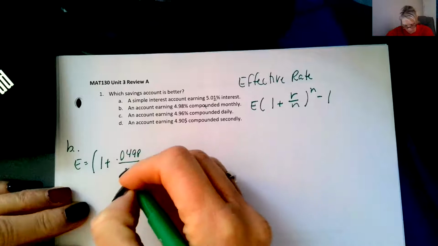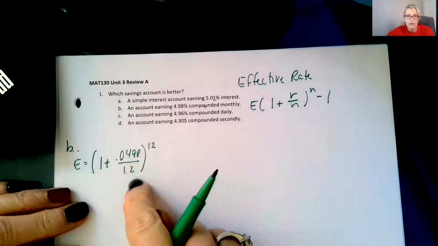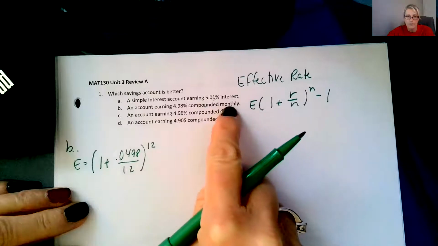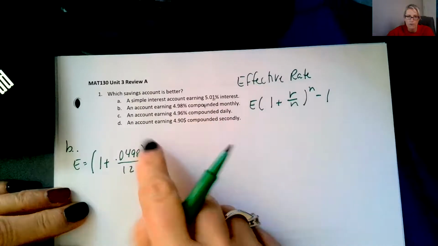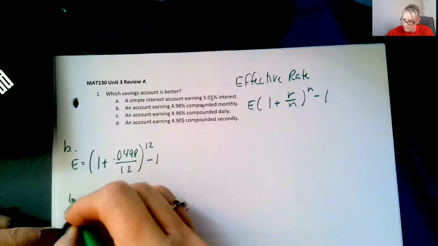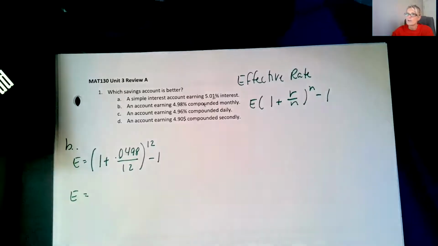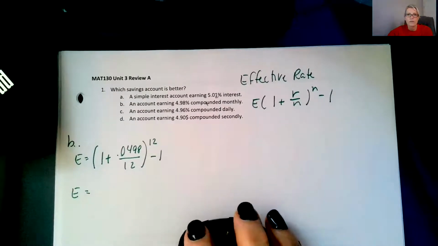Okay, so letter B is going to be the effective rate here, 0.0498 over 12 to the 12th, because it is compounding monthly. So that's why these are 12. And then we're going to subtract 1. Let me show you what that looks like in Desmos.